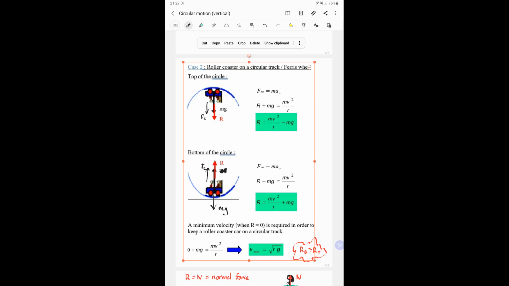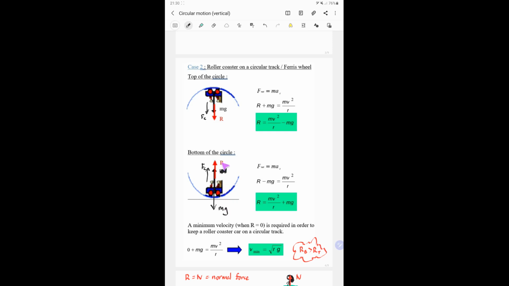Based on this, what happens now? The direction of R is the same as the direction of FC. So R is positive, while Mg opposes FC in direction. So Mg is negative. In this case, F net equals FC again. So FC is the net force, caused by R and Mg.